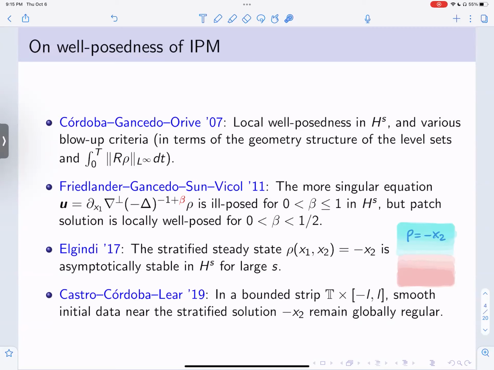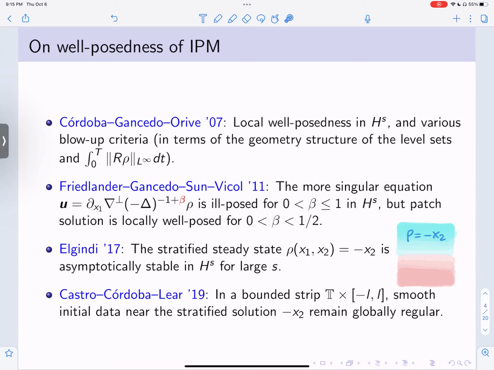Other than the IPM itself, one can also tweak the Biot-Savart law to make it more singular. Namely, instead of taking the full inverse Laplacian, we can make the power bigger than -1 by adding a beta to it.